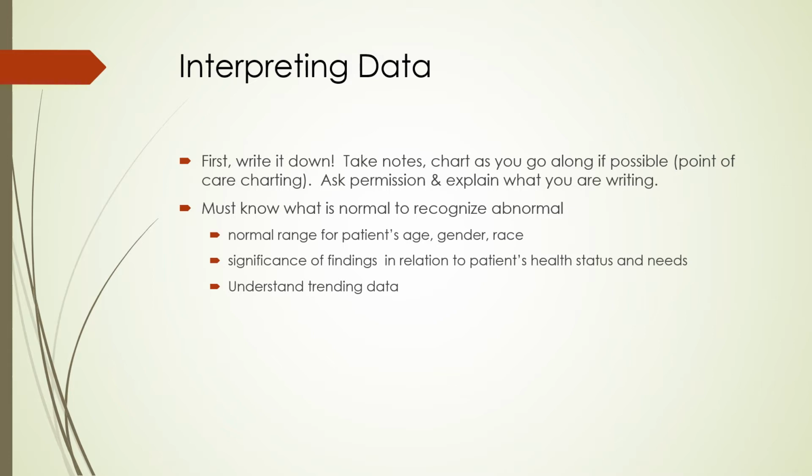We always need to do something with the abnormal, right? We need to make sure we notify the doctor or the provider of the abnormal, or we need to make sure that we can do independent nursing interventions for the abnormal.